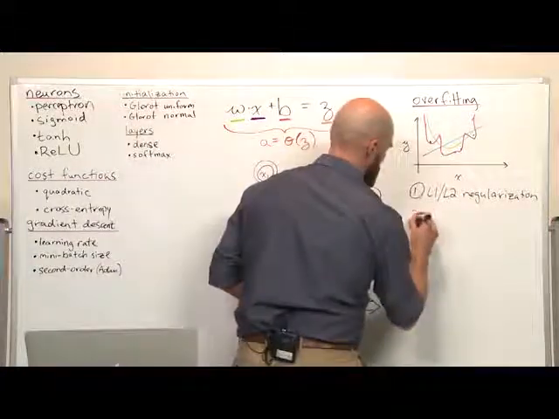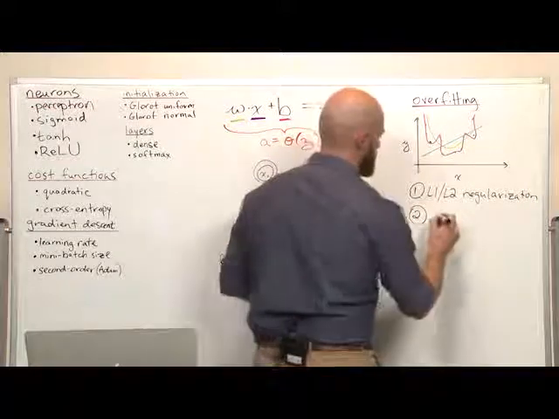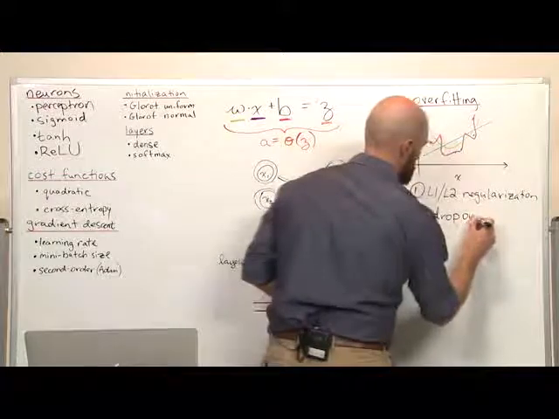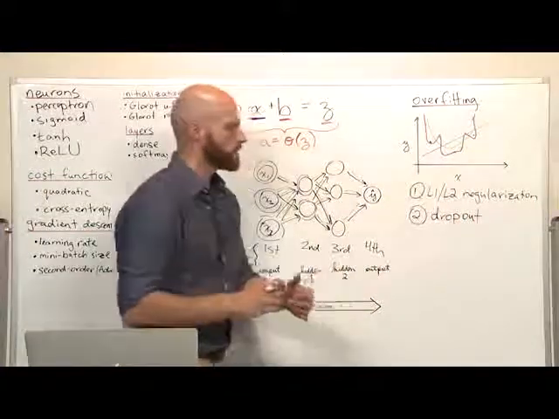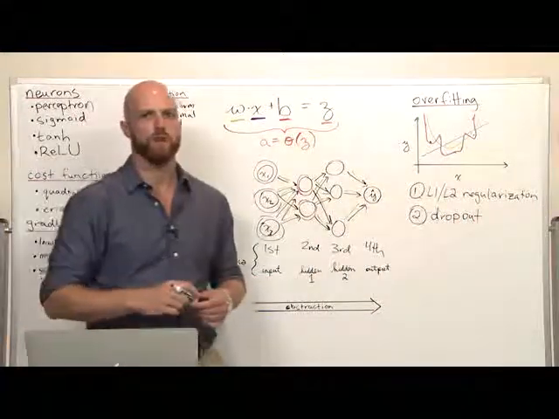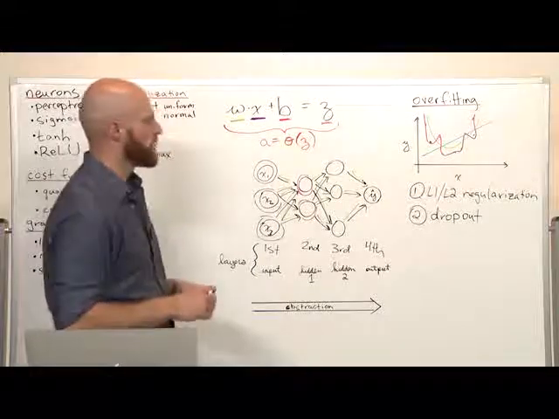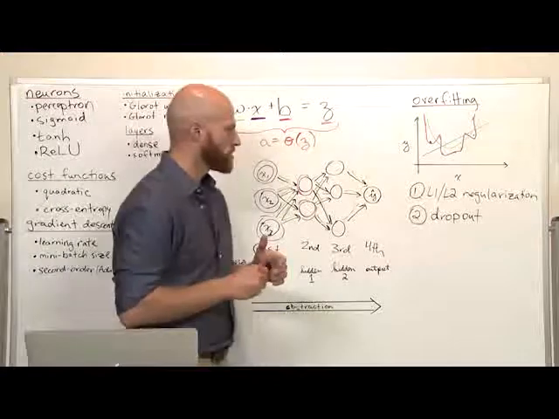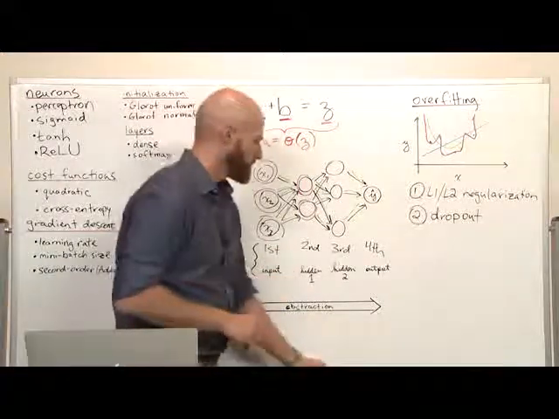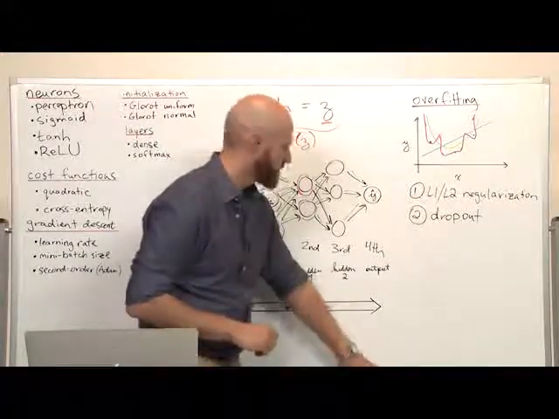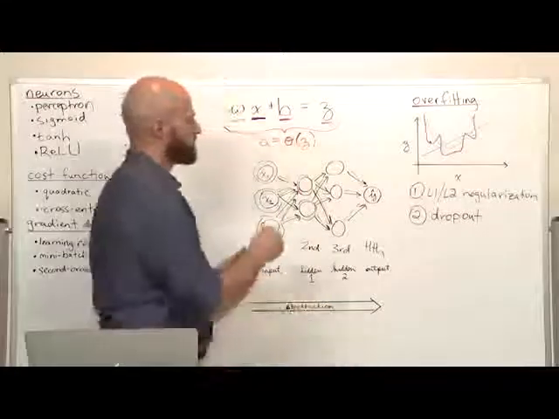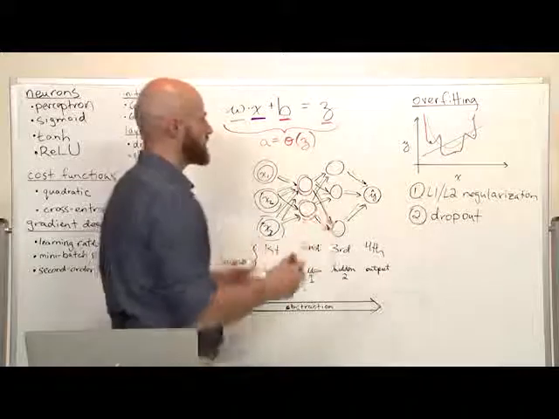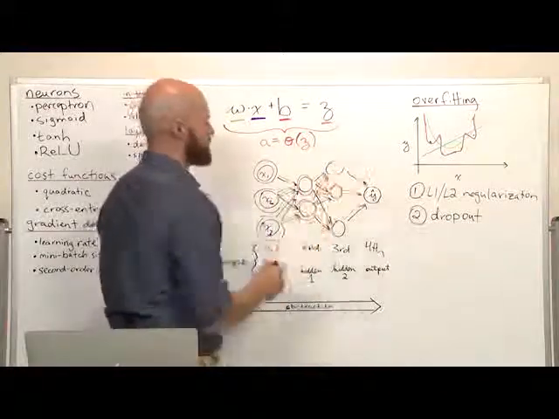A second approach, which is unique to deep learning specifically, is dropout. This technique was invented by Jeff Hinton at the University of Toronto, and now Google as well. In this approach, it's intuitively so simple. We simply remove some of our neurons from the network. So with each step of training, we randomly take away, say, half of the neurons.